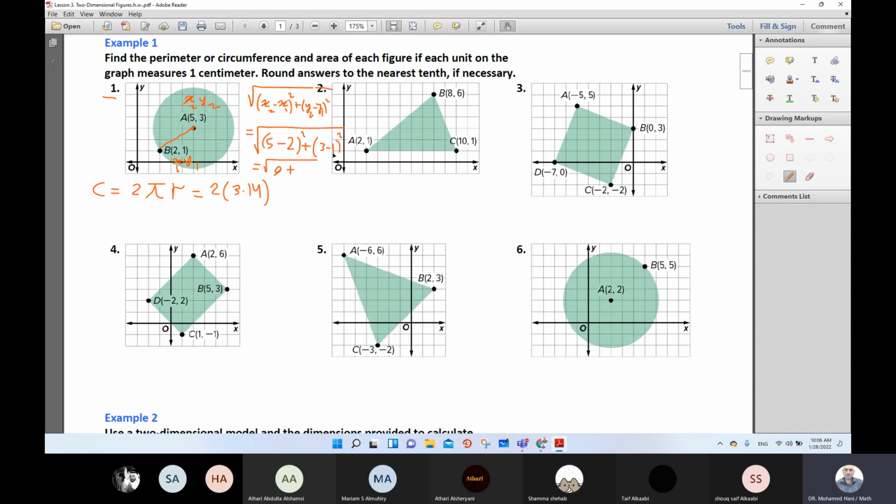And 3 minus 1 will be 2. 2 squared means 4. So the distance, which means the radius, equals the square root of 9 plus 4, which will be 13.